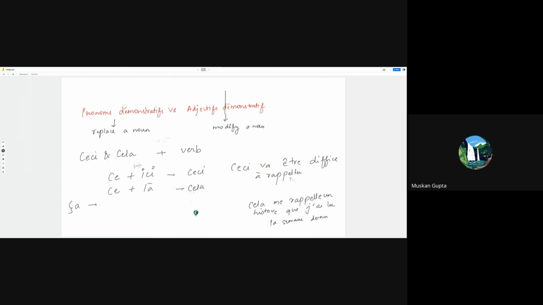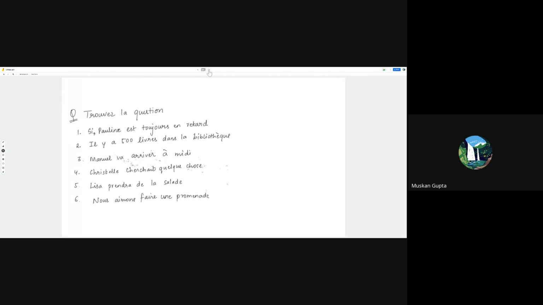Here, ça is a very informal term for ceci and cela. Like, have you heard of the term "ça fait longtemps"? It's been a long time. I think in letters we use it a lot. So it's the informal term for ceci and cela. That's it. I'll just give you more examples.